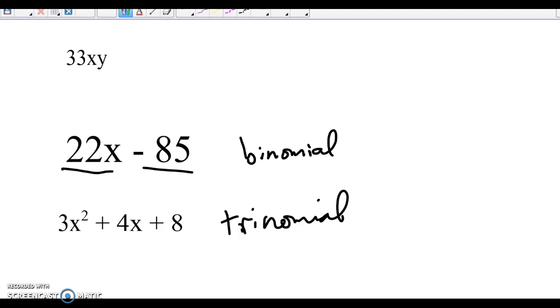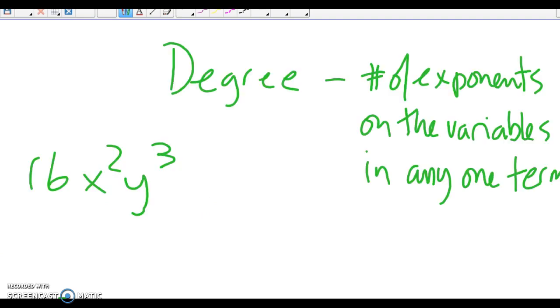So four-term polynomial, five-term polynomial. A vocabulary word for this: we could have the degree of a polynomial. The degree is the number of exponents in any one term of the expression. If we look at this expression, 16x squared y to the third, that's one term.